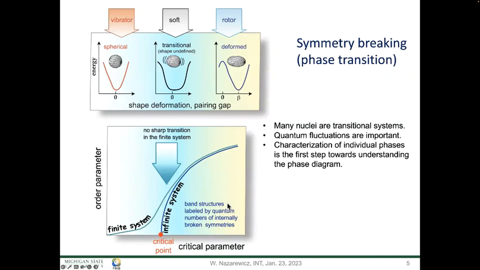Okay, so you can think of the development of nuclear deformation as a shape transition or phase transition, okay? A phase transition in a finite system. For certain nuclei, the energy as a function of, for instance, shape deformation has a strong minimum at spherical shape, and doubly magic nuclei belong to this category.